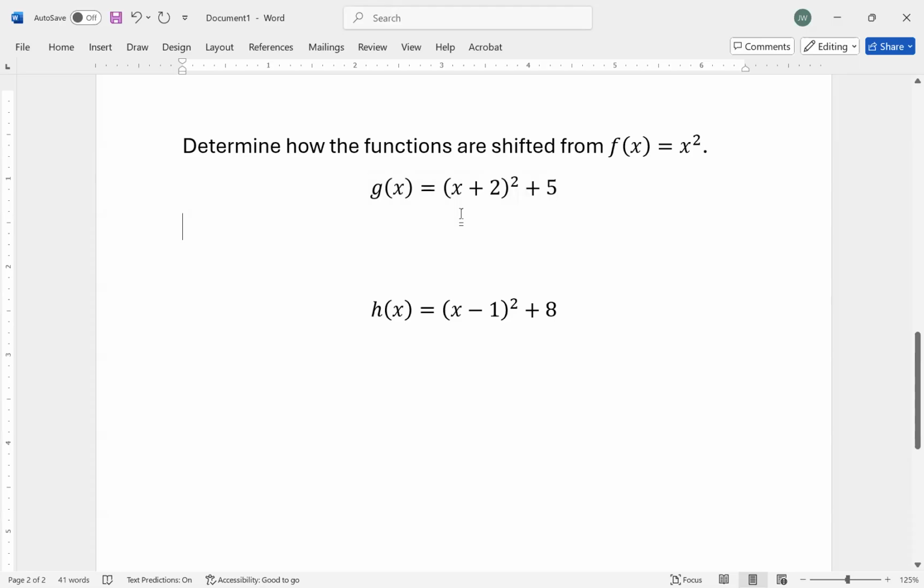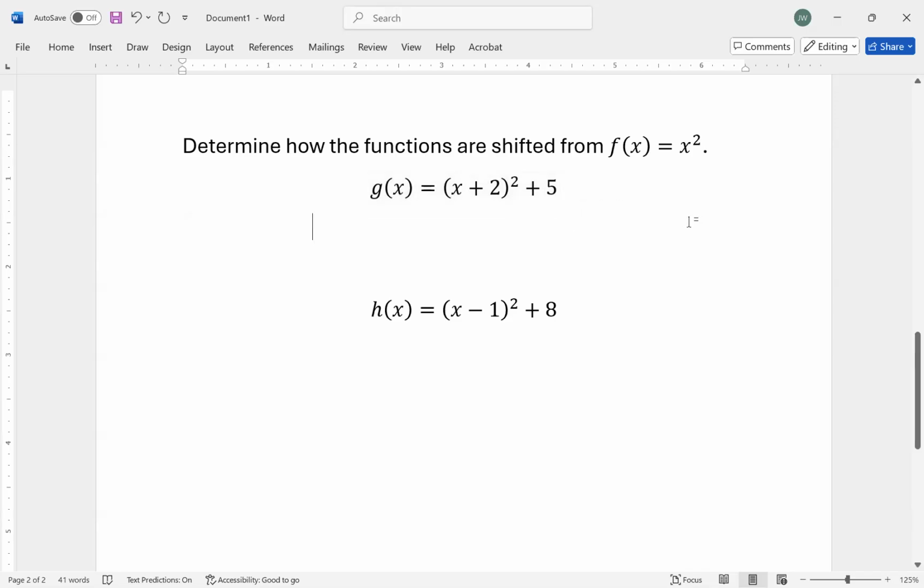All right, so g of x, we have x plus 2 inside of the parentheses, and a plus 5 on the outside. The x plus 2 is on the inside of parentheses, and then it's being squared. So a minus 2 is our value for h, and a plus 5 is our value for k.